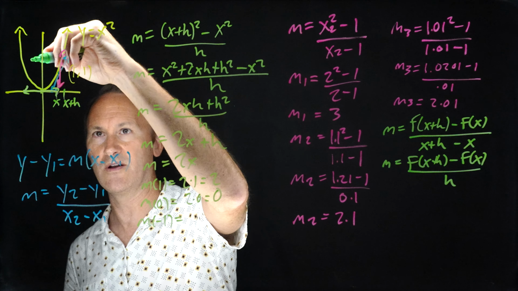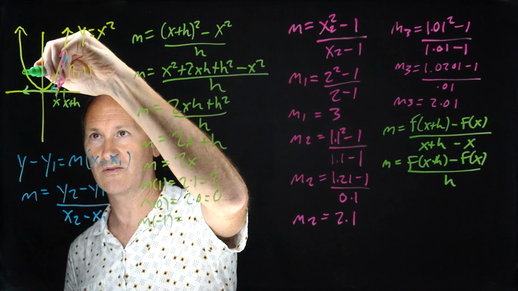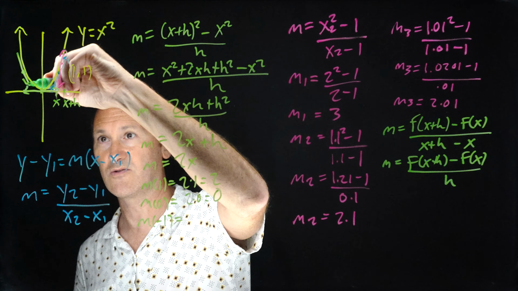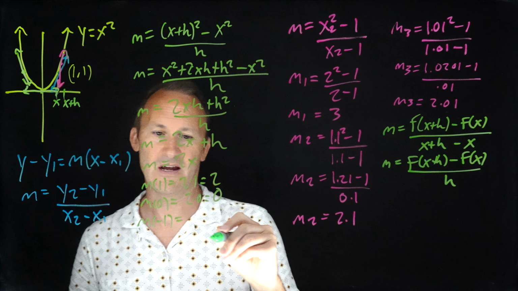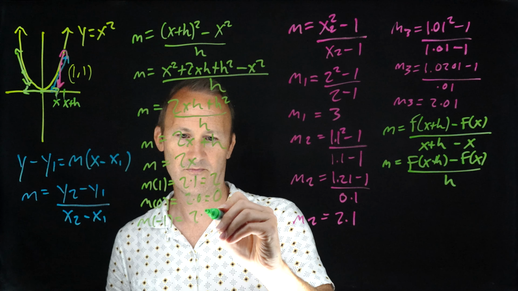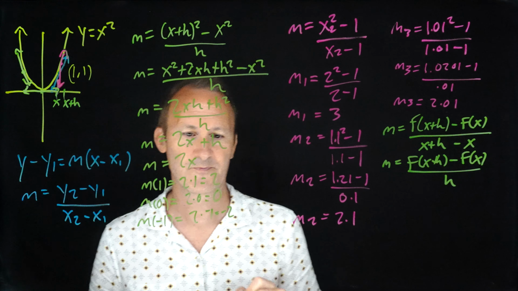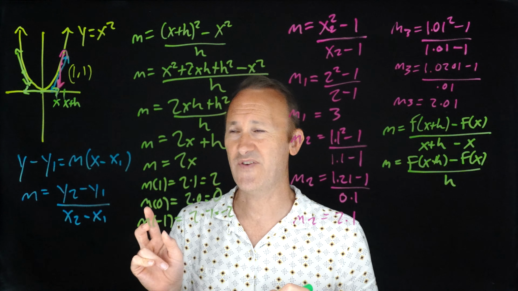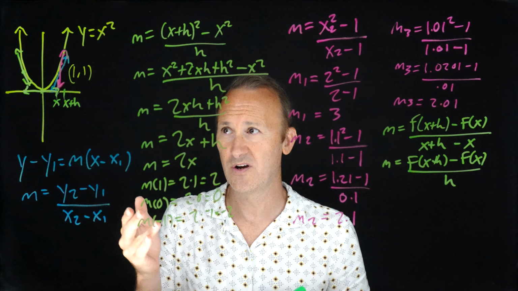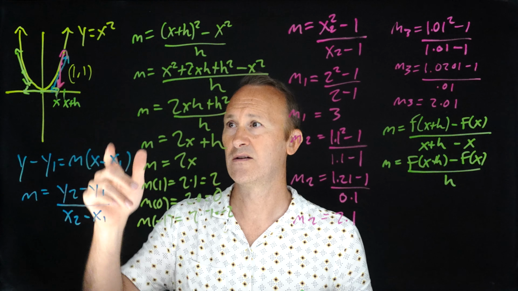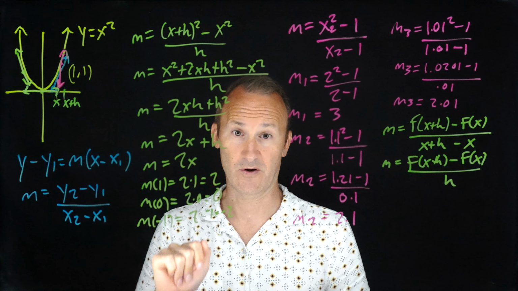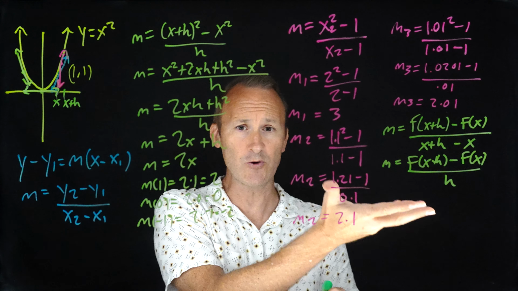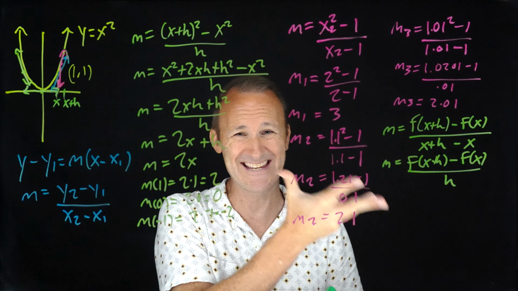If we go up to negative 1, we get a mirror of our point 1, 1, and the tangent line is going to be something like this, and we get 2 times negative 1, and that is negative 2. So we found not just the correct slope for the tangent line for y equals x squared at 1, 1, we've actually found it for every single point on the curve using a general definition that will apply to any given function.